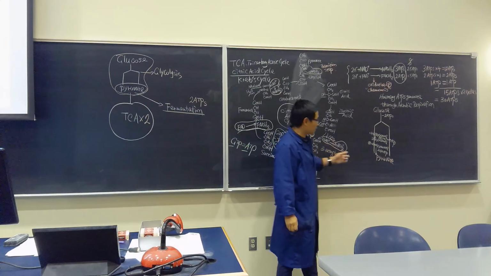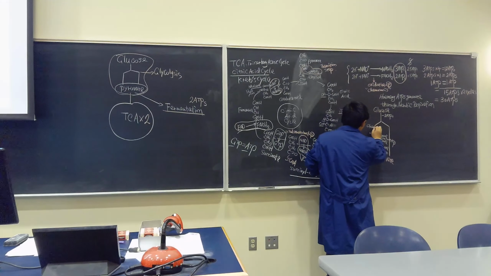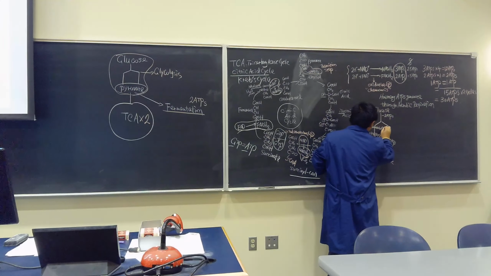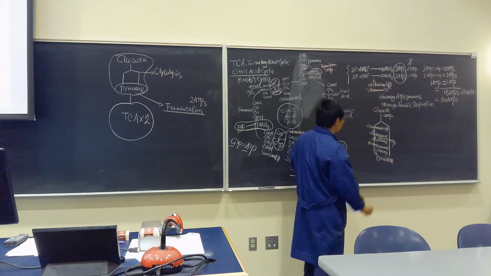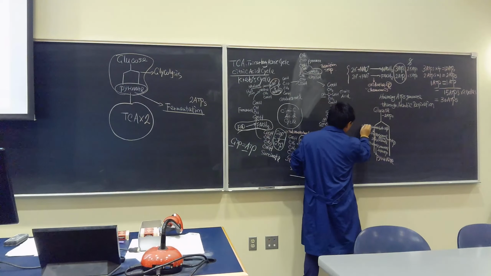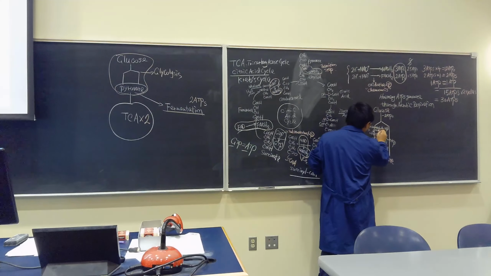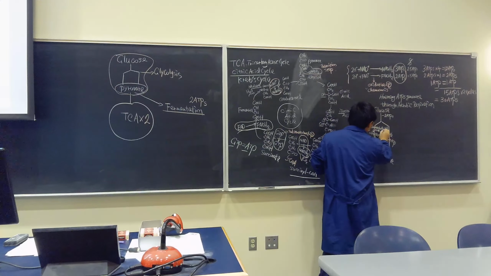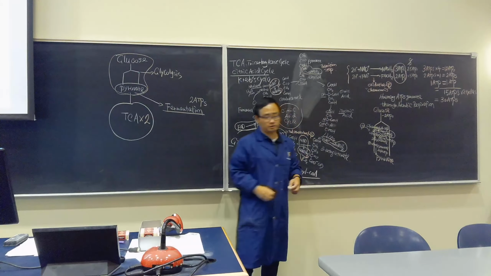But do not forget, before that, glyceraldehyde 3-phosphate becomes 1,3-bisphosphoglycerate. That phosphate is coming from the available phosphate and is coupled with NAD reduced to NADH2. And this relies on an enzyme called dehydrogenase.